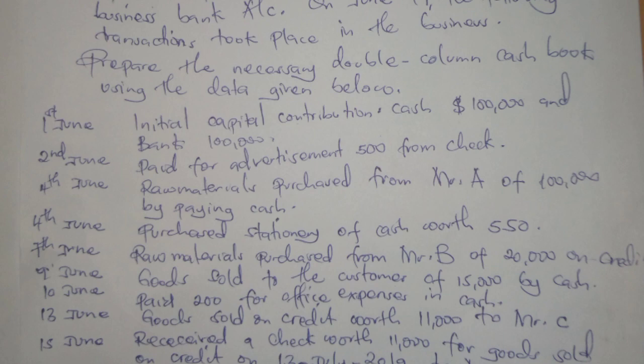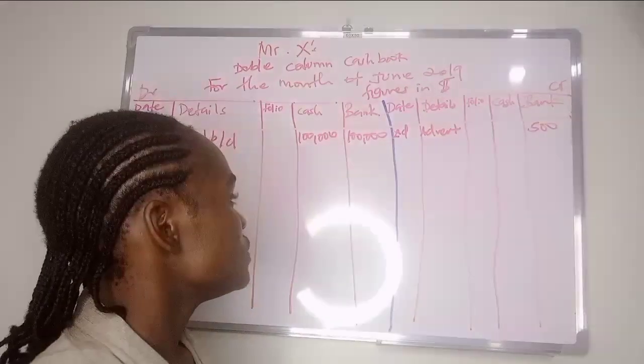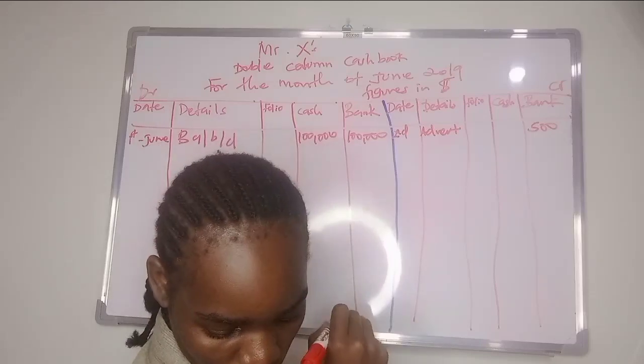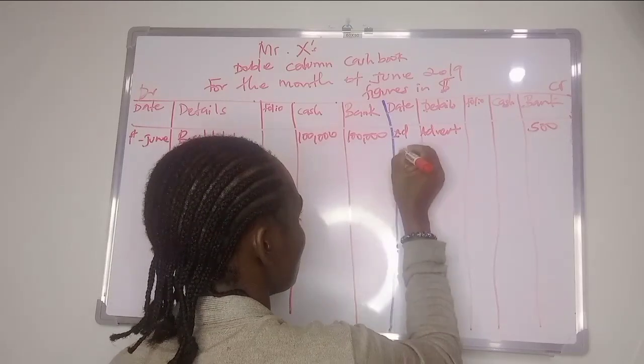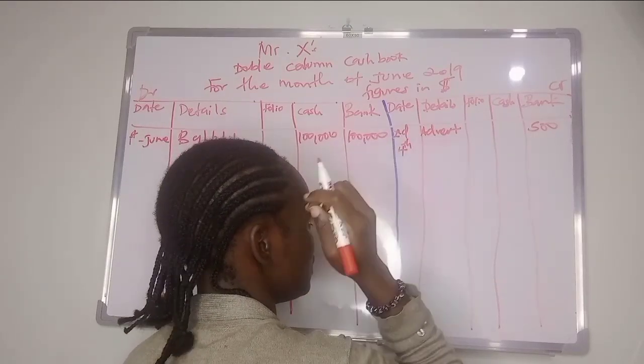Then another transaction, raw materials purchased from Mr. A over 100,000 by paying cash. So raw materials purchased, that is a payment. It was purchased by cash, so cash is going out. So 4th, we shall credit it.